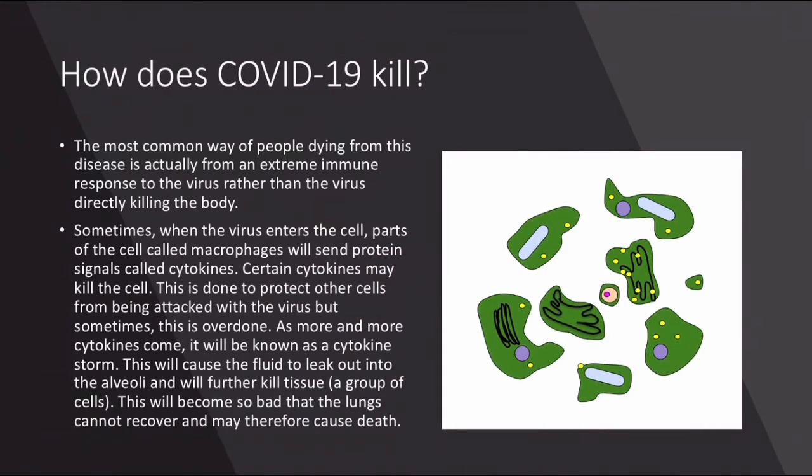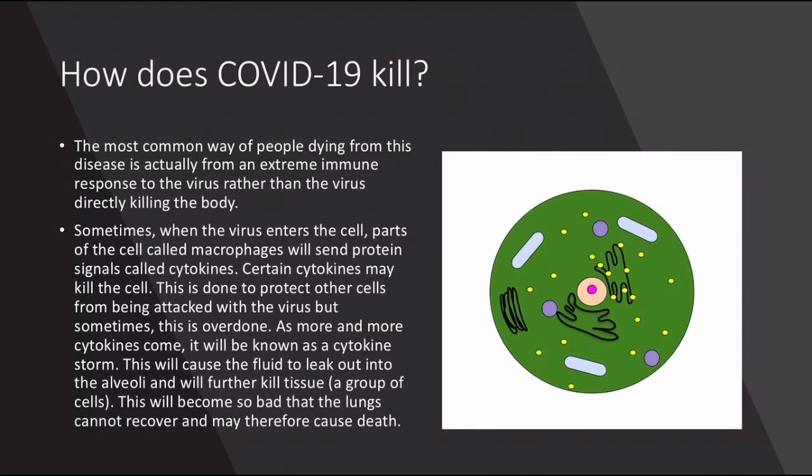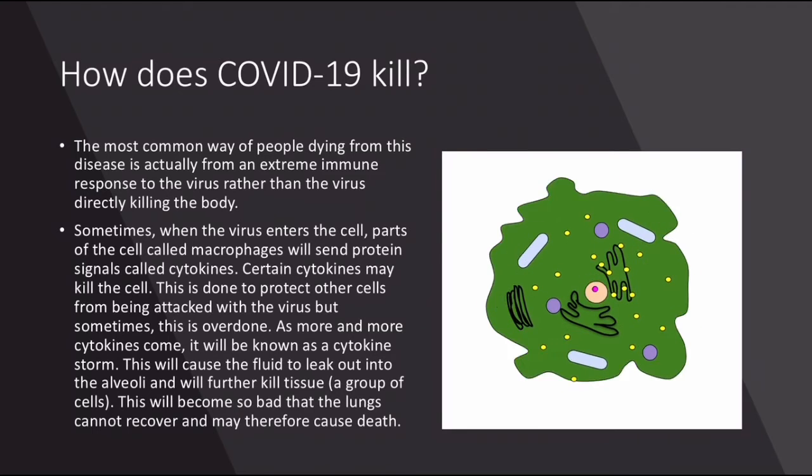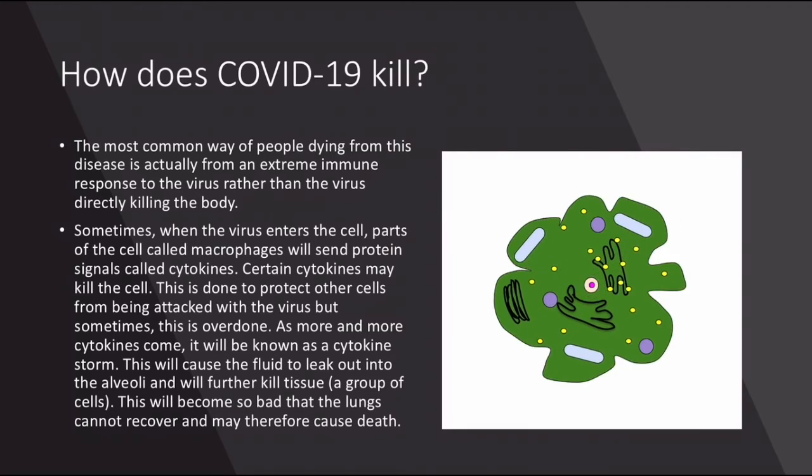The most common way of a person dying from COVID-19 is actually from an extreme immune response to the virus rather than the virus directly killing the body. Sometimes when the virus enters the cell, parts of the cell called macrophages will send protein signals called cytokines. Certain cytokines may kill the cell.